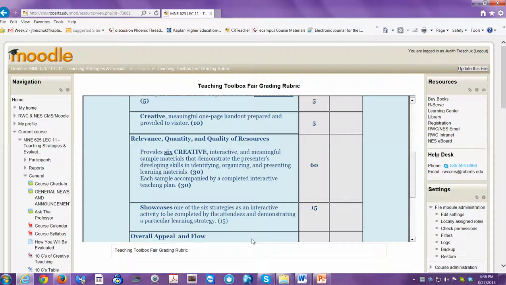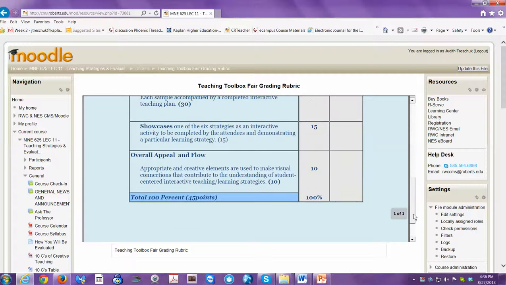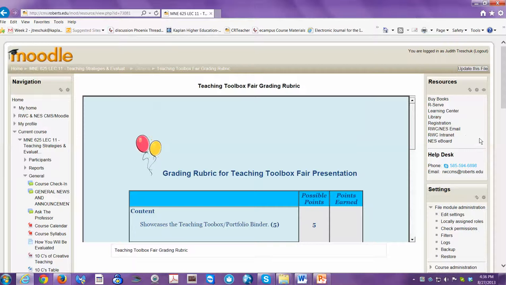You're going to take one of those teaching strategies and showcase it and make sure that it has an activity that the visitor can actually participate in. And the table itself, you want to be creative, visually appealing, dynamic, and engaging for the audience. That's it. It's that simple. You should have fun with that.